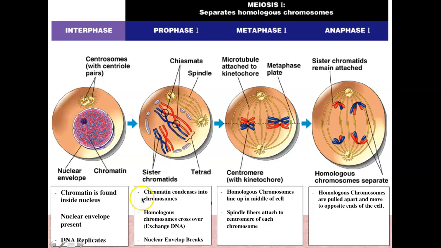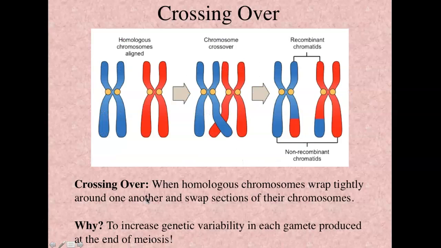In prophase 1, these homologous chromosomes go through a process called crossing over. We have 2 homologous chromosomes that were just condensed in prophase 1, and they wrap really tightly around one another and, as a result, exchange part of their genetic material with one another.